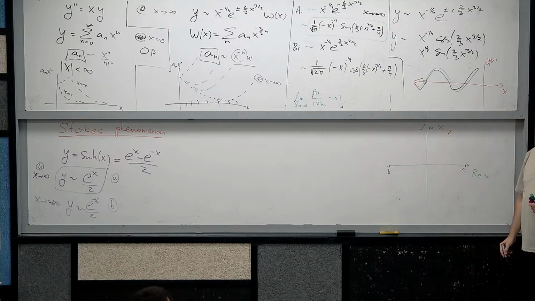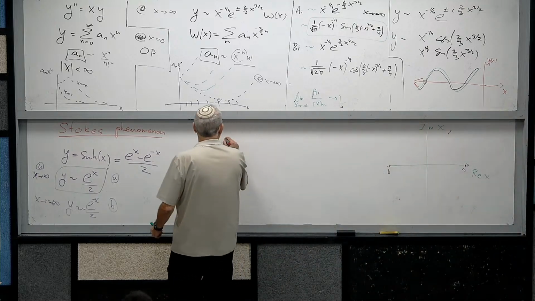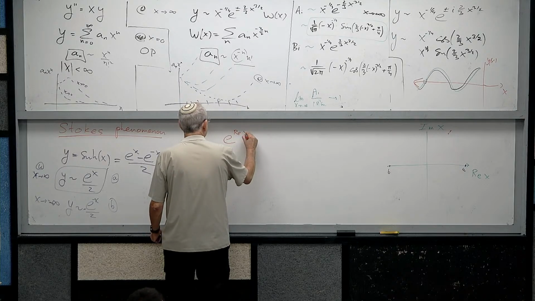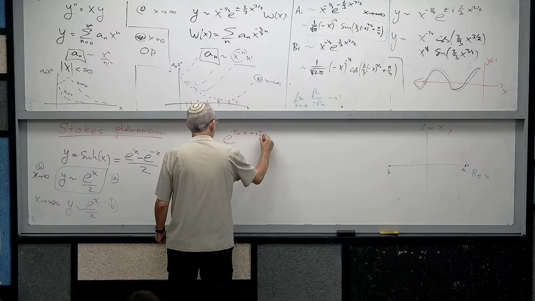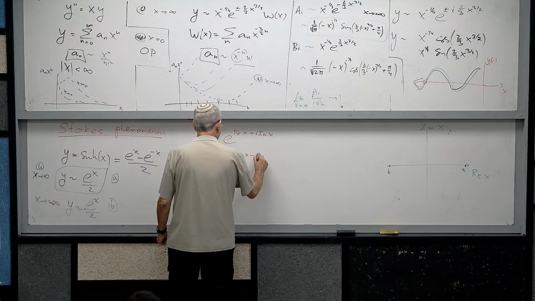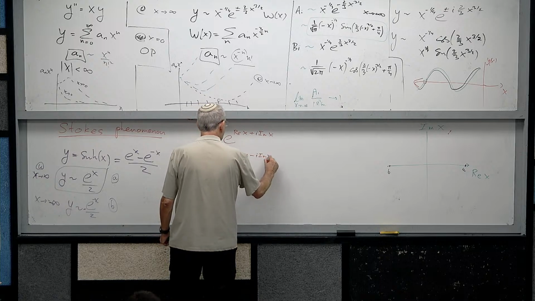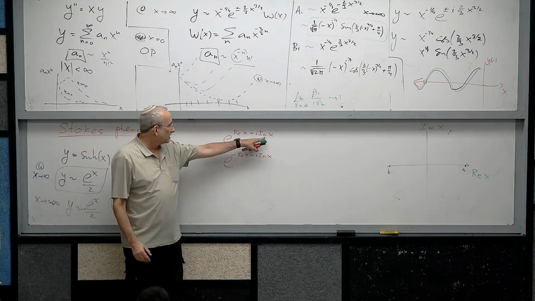You can divide it into real and imaginary part. And I have to compare e to the real x plus i imaginary x with e to the minus real x minus i imaginary x. What is important, the imaginary or the real?